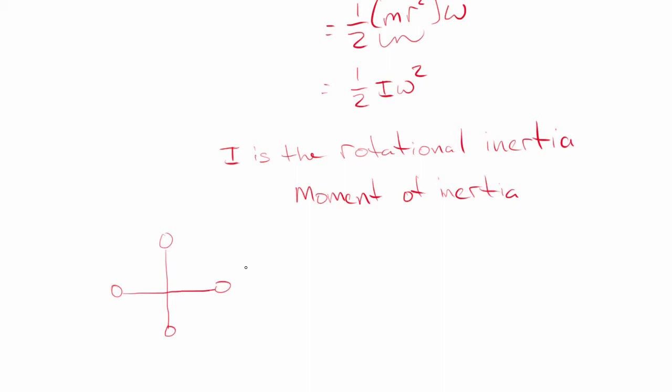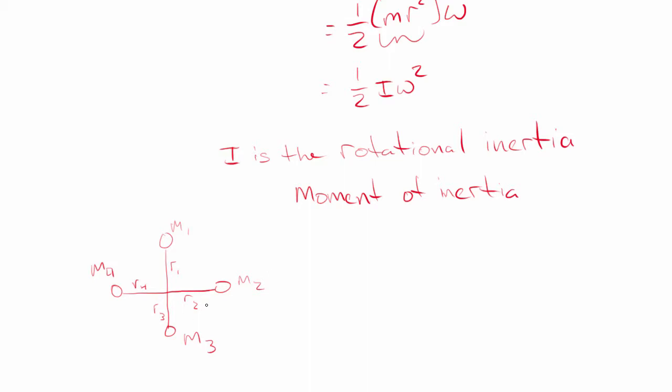And so now there's many masses. There's mass 1, mass 2, mass 3, mass 4. And these don't necessarily need to be the same distances. You can have r1, r2, r3, and r4. And so the question is, how do you calculate the moment of inertia for this system?